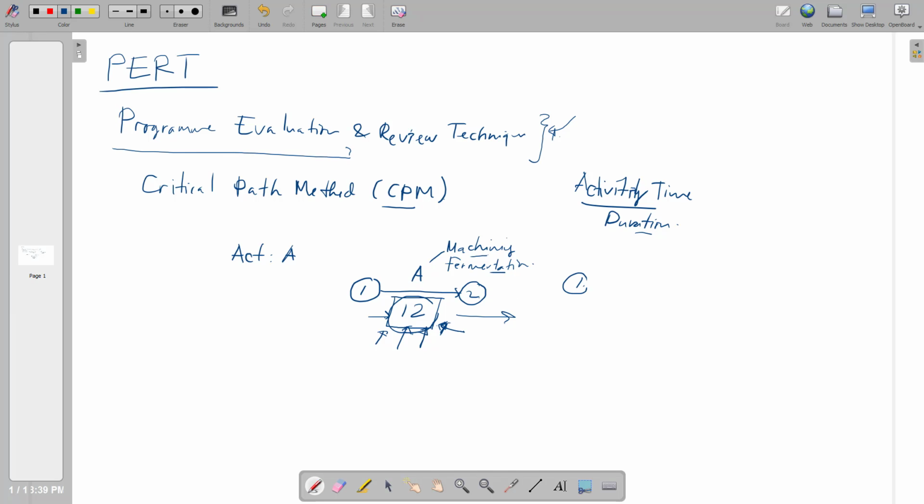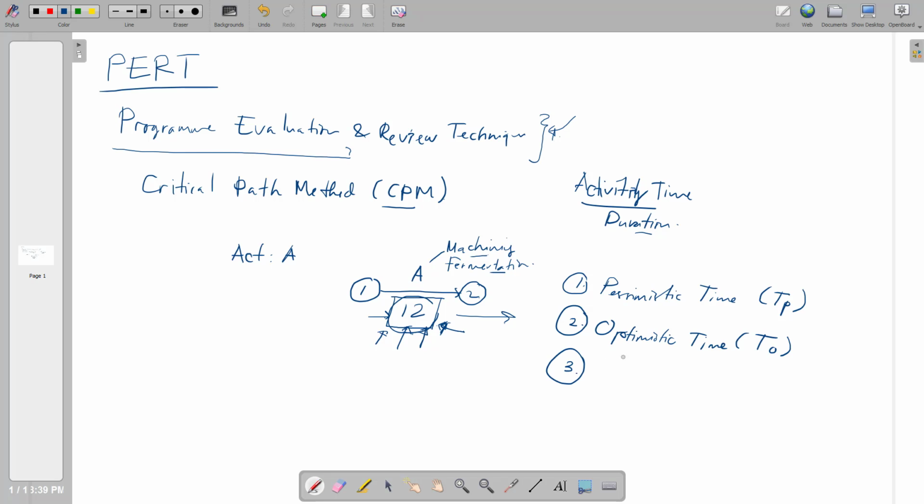The first one is the pessimistic time, and I'll put the notation as TP. The second one is the optimistic activity time, which I will put as TO.